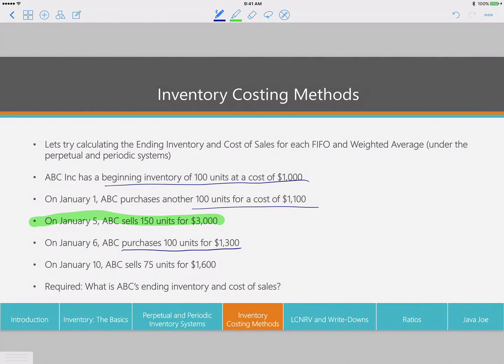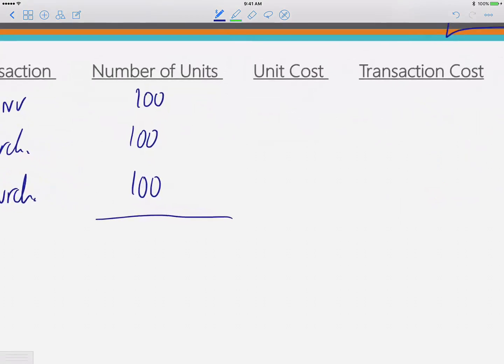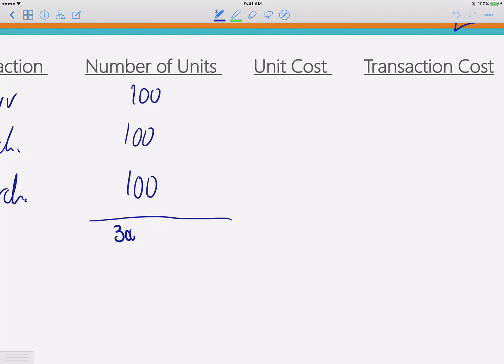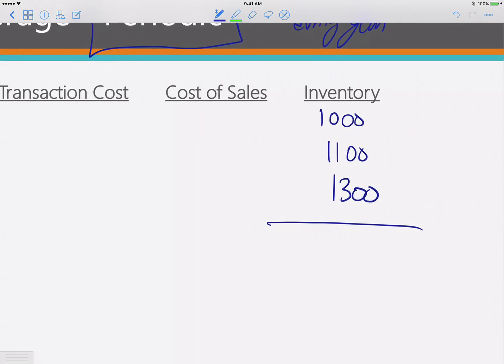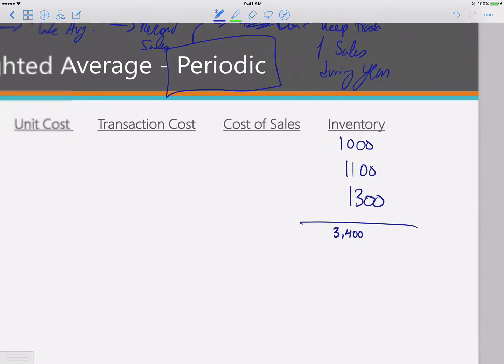Now take a look, and we have another sale. So these were all of our purchases. So what we're going to do is we're going to add up our total units, our total inventory, and then take the average. So we have 300 units. If we go over to our inventory, we have 3,400 as our total inventory.